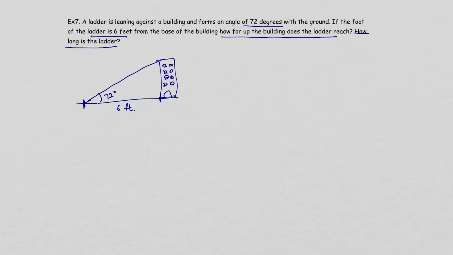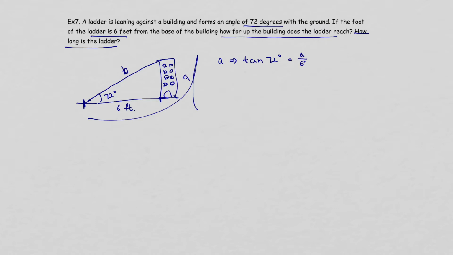They're asking you to find the height of the building and then the length of the ladder. Let's call them A and B. In order to find A, we're going to use tangent: tangent 72 degrees equals A over 6 feet.